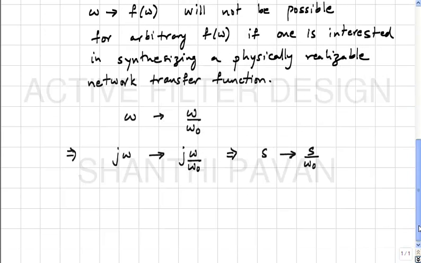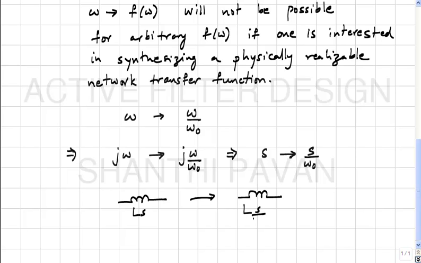Now this means that an inductor whose impedance is sL has to be replaced with an impedance which goes as sL by omega naught, which also happens to be an inductor because of the special nature of this function. So in other words, an inductor L gets replaced by an inductor of value L by omega naught.